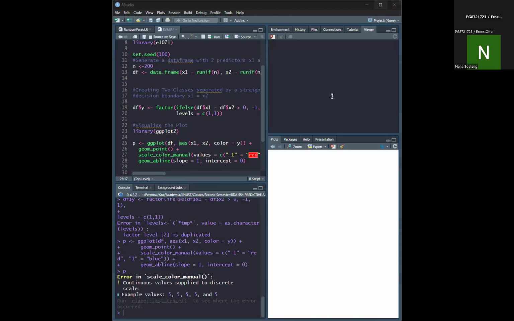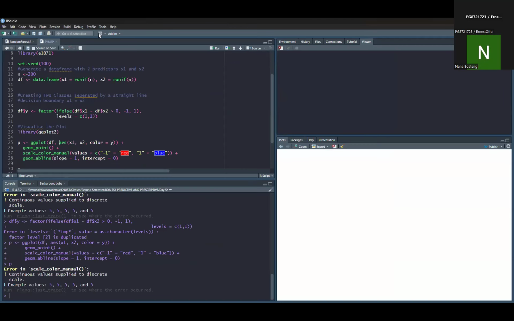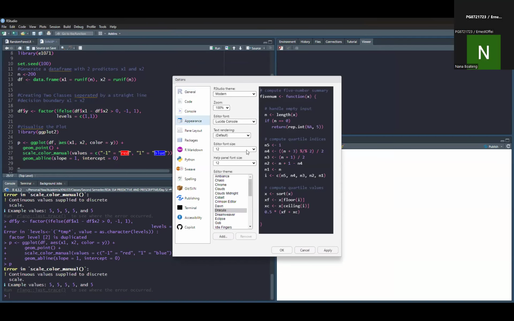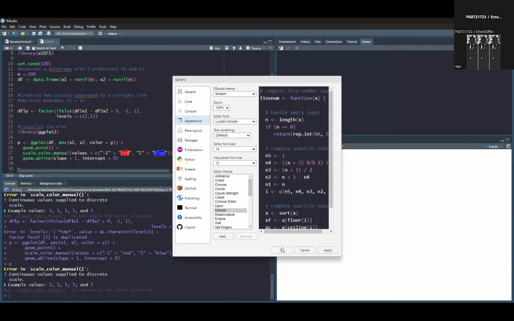Enlarge it a bit so that we can see. Your fonts are very small. Can you see? Yes, sir. Increase the font a bit, some of us can't see that. The font around 12.